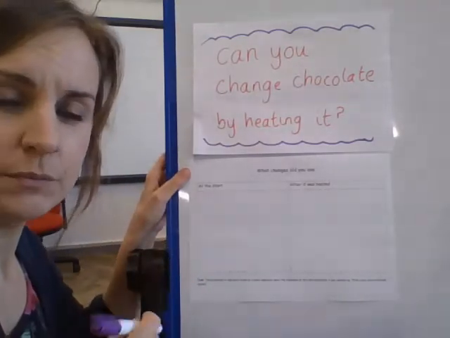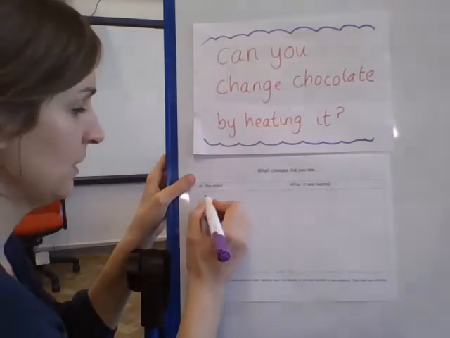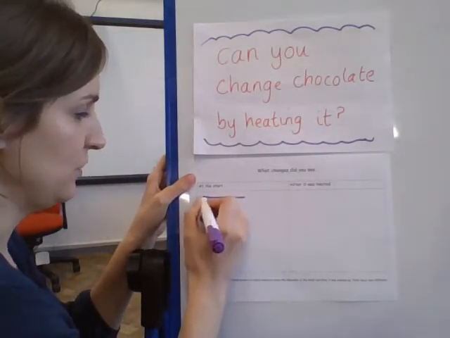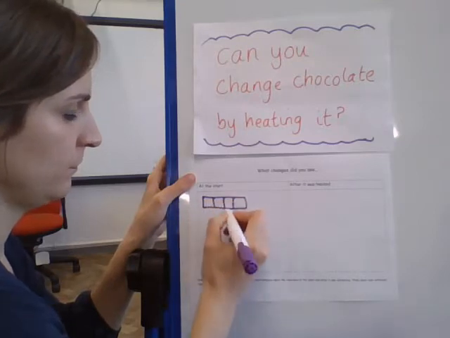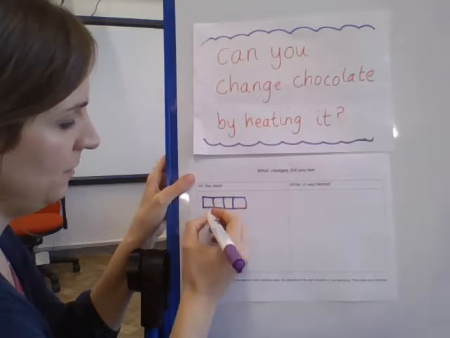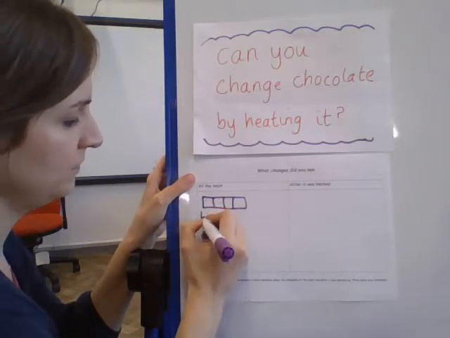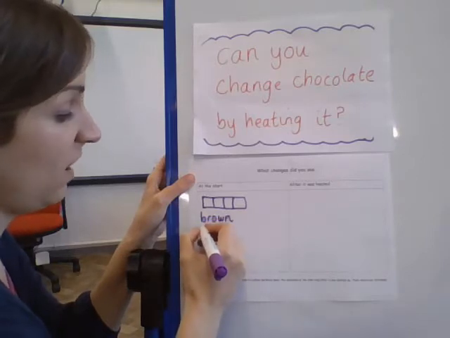Well, do you know what I'm going to do? I'm going to draw some pictures and put some words in here, I think, to remind me. So I had a strip of chocolate and let me think. Oh, it was brown. It was hard.